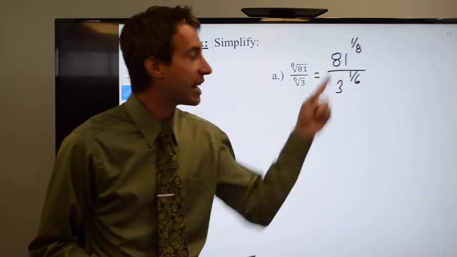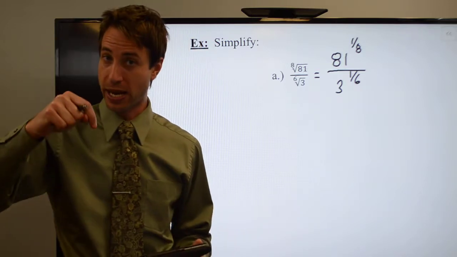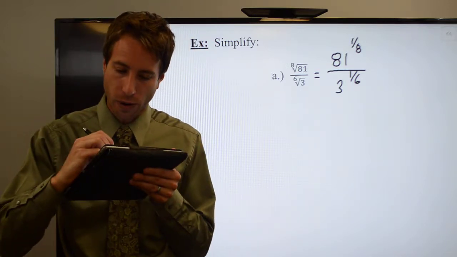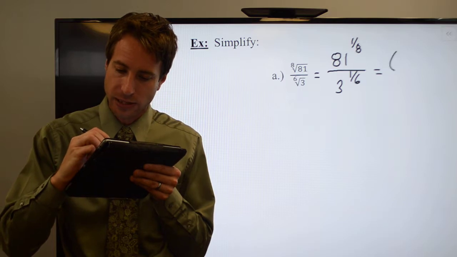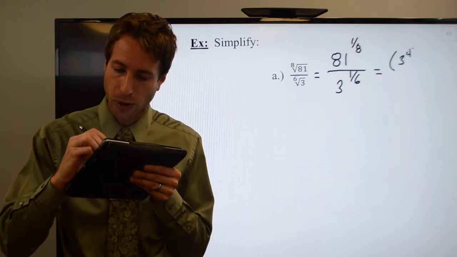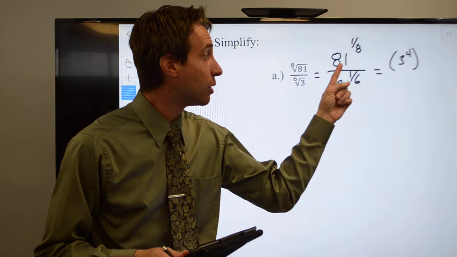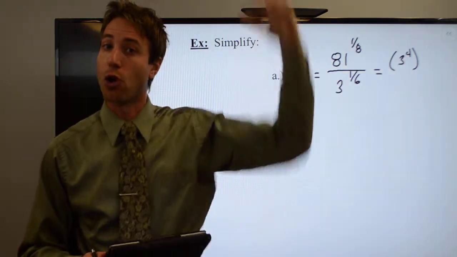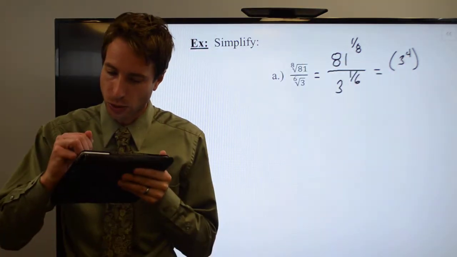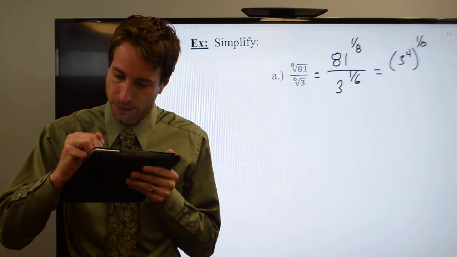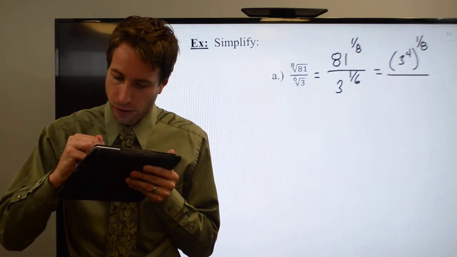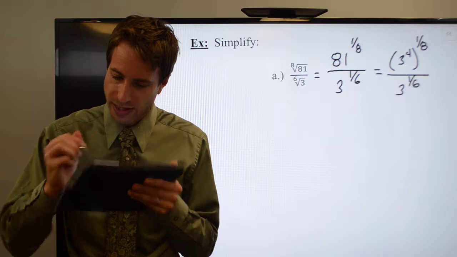It turns out that 81 is 3 raised to the 4th. So I'll rewrite this as 3 to the 4th power, but that 81, which is 3 to the 4th, was already raised to the 1/8, so don't lose it, all over 3 to the 1/6.